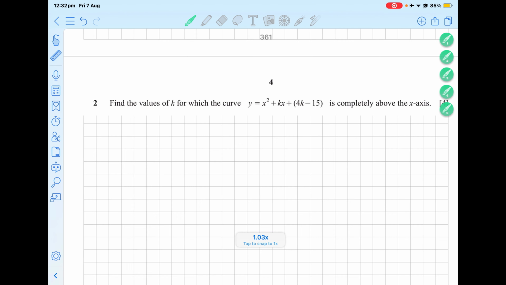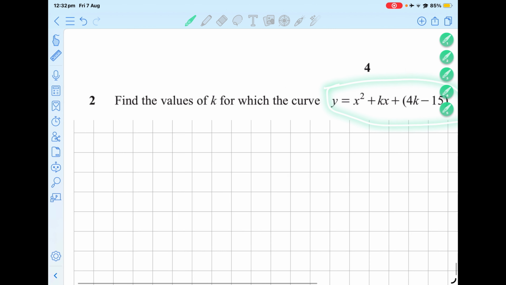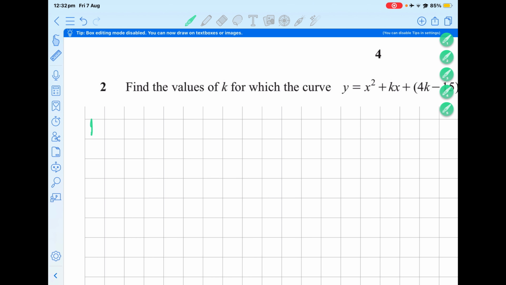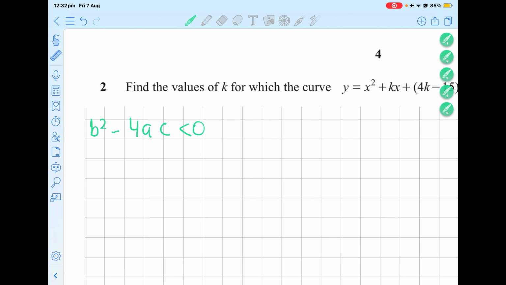So since this is true, we need b squared minus 4ac to be less than 0, as there must be no roots. So k squared minus 4 into 1 into (4k minus 15) must be less than 0.